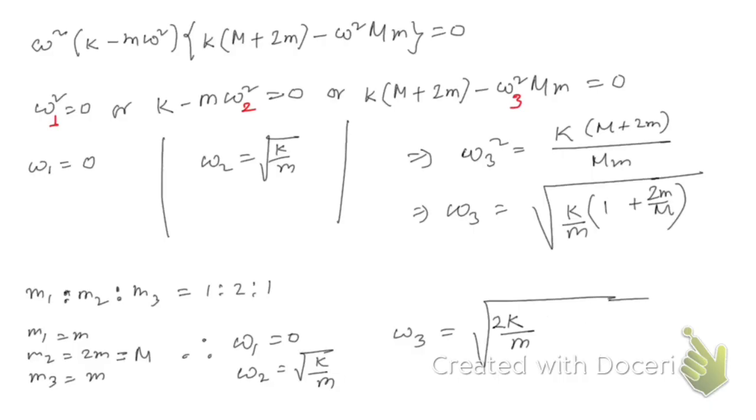So we end up with omega 3 equal to root over 2K by m. These are the three frequencies we will get.